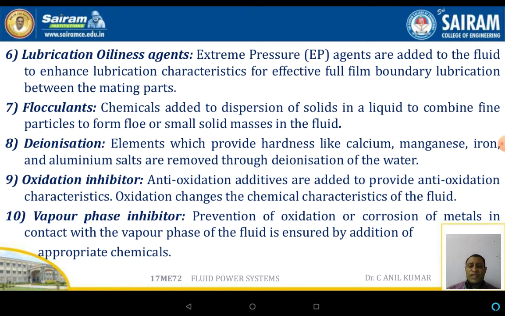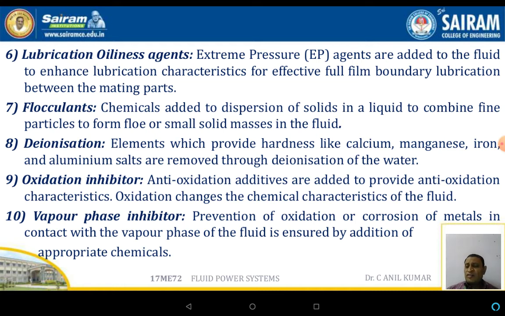Once it works at high temperatures and high pressure, there is a chance of losing viscosity. Once the viscosity starts decreasing, the fluid film boundary lubrication will also start decreasing. To have a uniform fluid film boundary lubrication between the mating parts, lubrication oiliness agents are added.